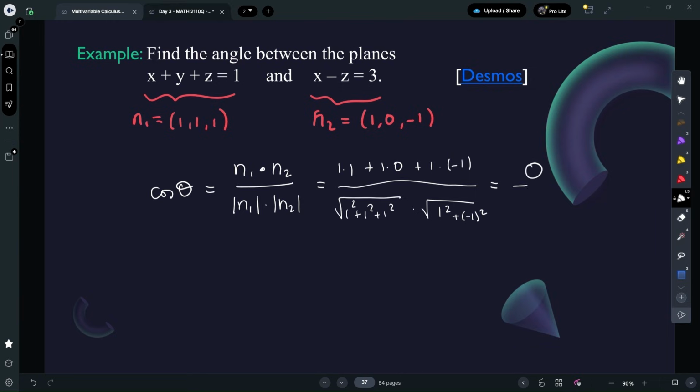This is 0. In fact, this is a square root of 3, this is a square root of 2, but because there's a 0 in the numerator, this is just 0. And when the cosine is 0, that implies that theta is pi over 2, which means that the two planes are perpendicular. So the planes are perpendicular.